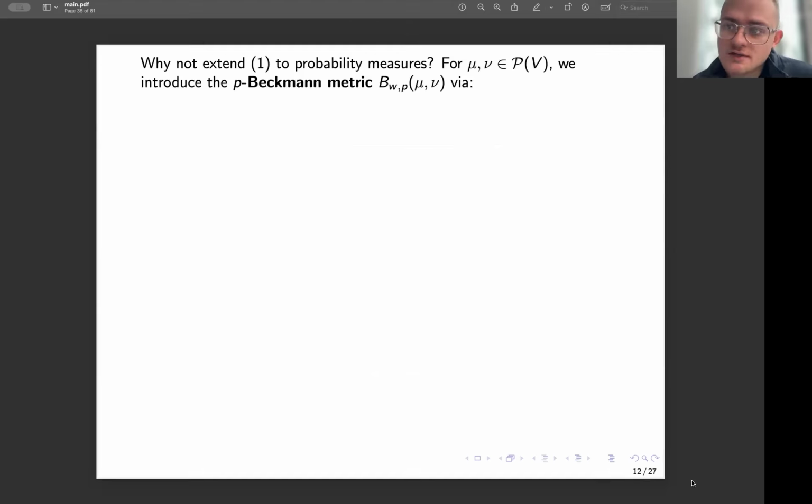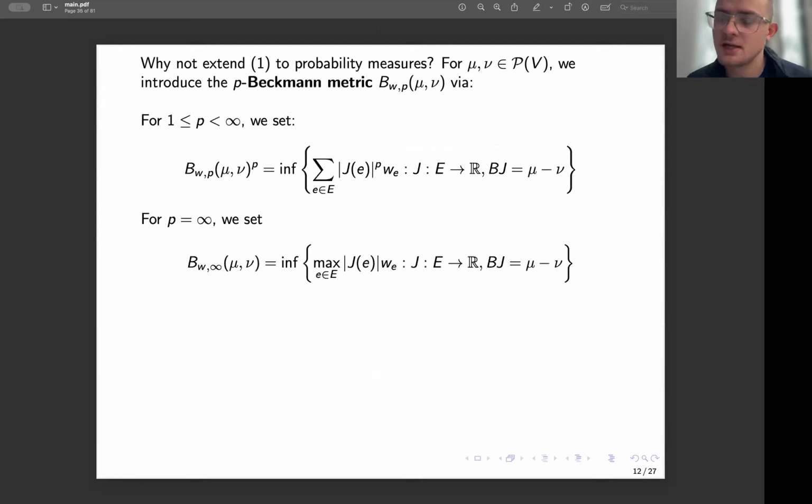And we can try to do that. So let's give that a try. We can take two measures, mu and nu, in the probability simplex, and we can introduce what's known as the p-Beckmann metric, which is given by this family of programs, where I am in essence just allowing that divergence constraint, just like we saw in the W1 formulation, to include the difference of probability measures.